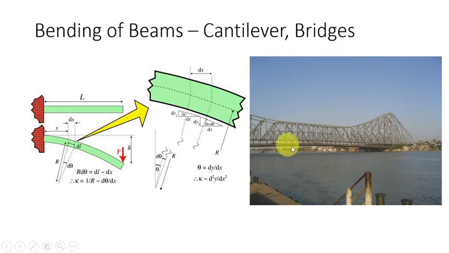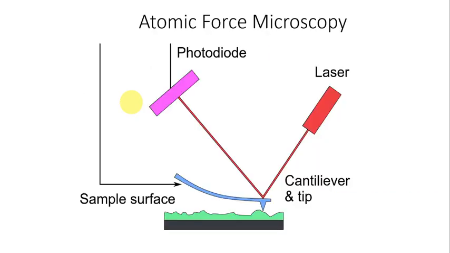This is a very famous cantilever bridge in Calcutta, the Howrah Bridge. If you want to study how this is going to be bent under the action of a vertical force in this direction, you will be forced into a situation where you have to use the radius of curvature arguments.